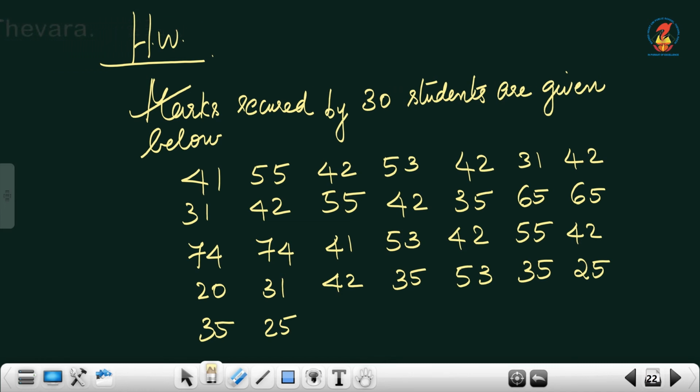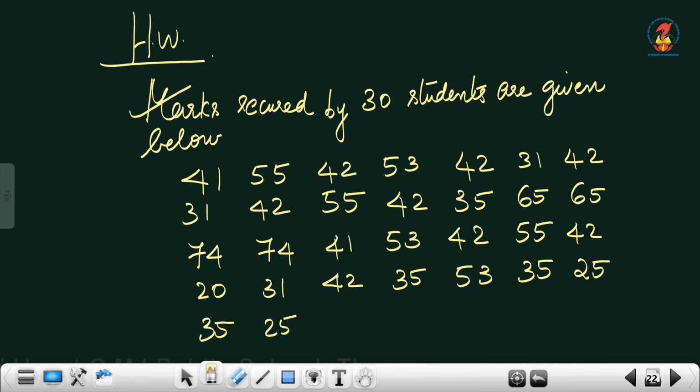The marks are 41, 55, 42, 53, 42, 31, 42, 31, 42, 55, 42, 35, and so on. You can find some marks are repeated here. You can have a look on the marks which I have given here. Just have a look.